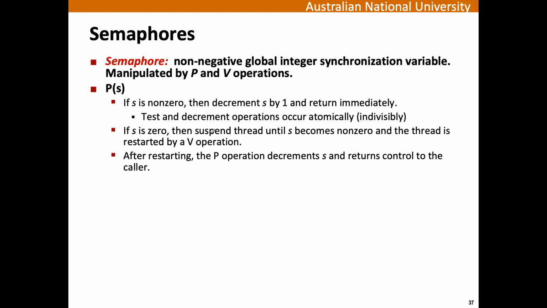On the other hand, if S is 0, then suspend the thread until S becomes non-zero. So the thread will suspend itself until S becomes non-zero. That's the one thing that will happen if S is 0. And the thread will remain suspended until it is restarted by a V operation.